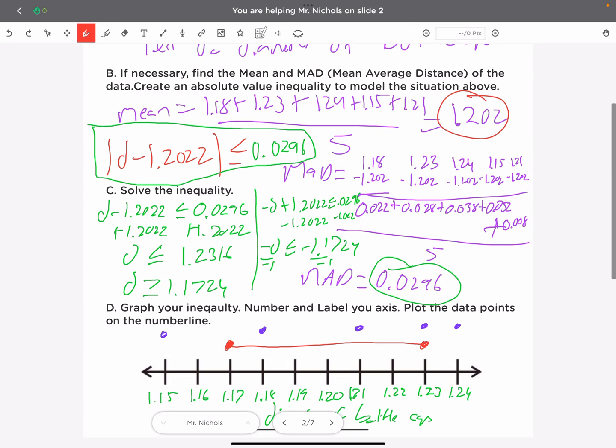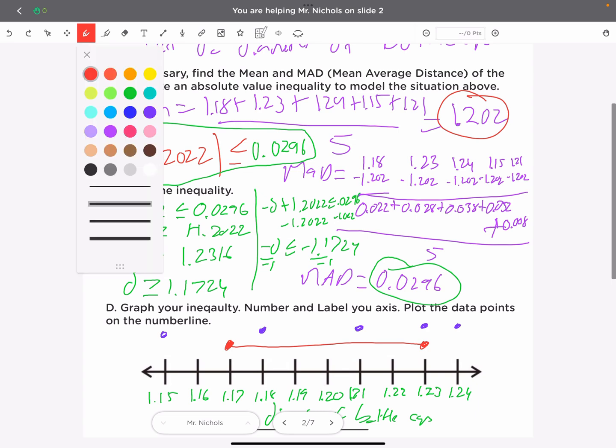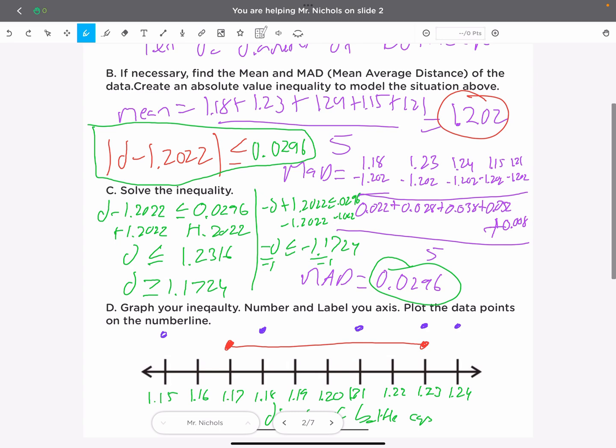And then finally, 1.21 minus 1.202, that's the closest to our mean. That's 0.008. So I then take these 5 deviations, add them up, divide by 5, and this is my new MAD, 0.0296.